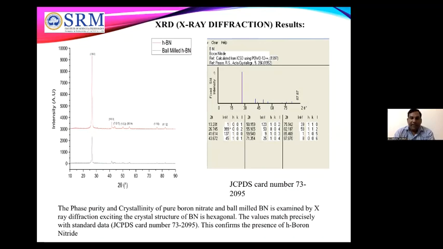So we have found that whatever the properties of the fresh powder, the same peaks we have observed in that particular ball milled hBN. So it is found that there is no change in the crystalline structure of the hexagonal boron nitride, even though we have performed the ball milling for 60 minutes.